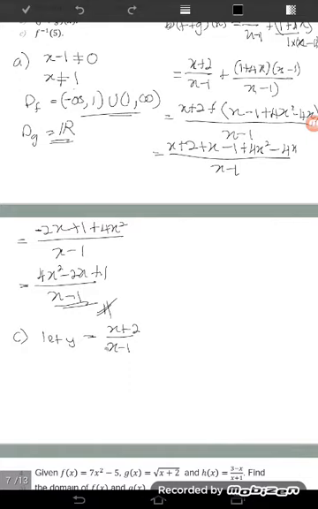Okay, so to solve for x, this one we have a denominator, so bring it to the left, so y times x minus 1 is equal to x plus 2, and then expand: xy, negative 1 times y is negative y, equal to x plus 2.